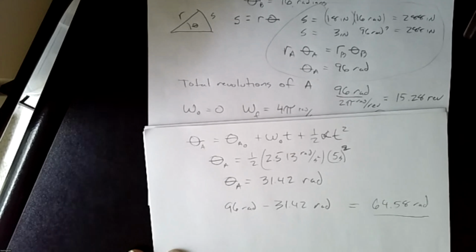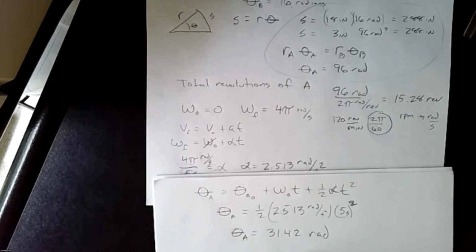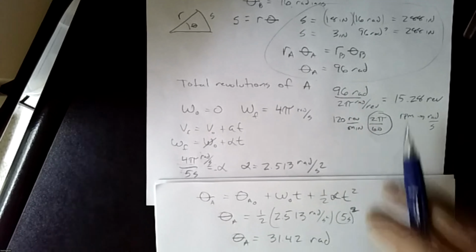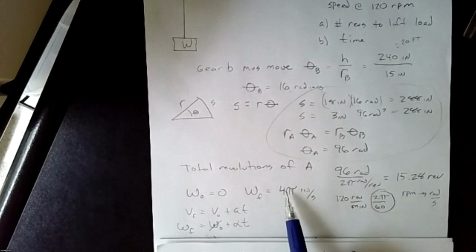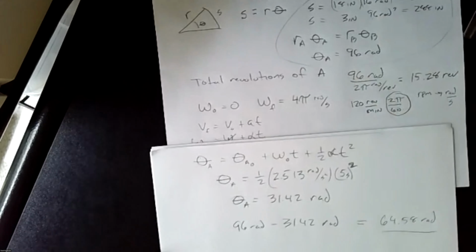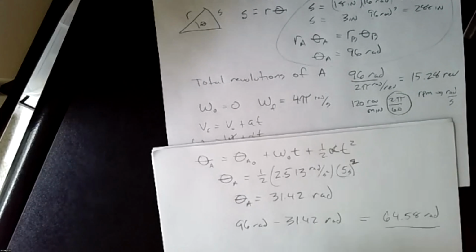So how long is that going to take? We accelerated and got to full speed, which was 4 pi radians per second. Now we figure out how much time that is.